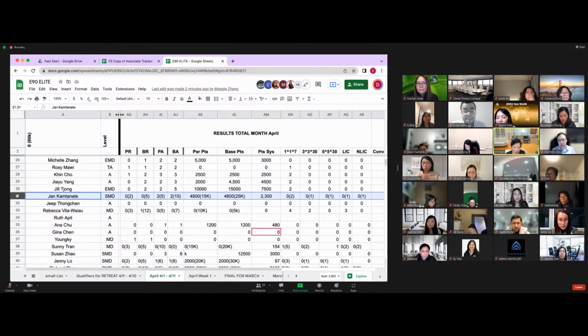Jen, looks like you have a little bit of production. How about the rest? What's going on here? After I came back from the e90 retreat, I feel like I need urgency. So I feel like, how can I finish at least 50% of my goal? Because today is only the 11th, it's 11 already.